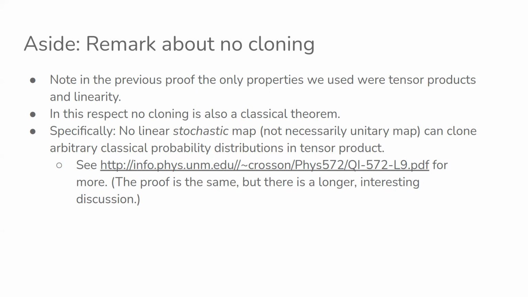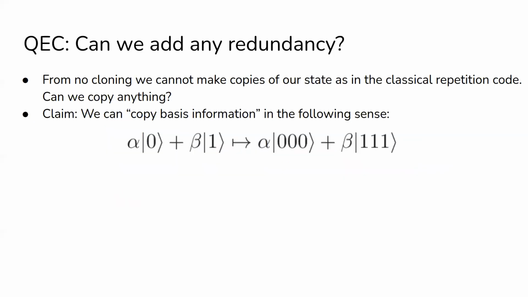I include the link here for this discussion. I would encourage you to look at this more on your own time, but that's all I'll say about it now. You'll hear a lot about no cloning with error correction, and so I wanted to go the other way and say that it's not that important and not even that quantum really. But now let's get into what we can do.